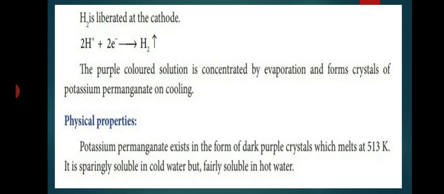For chemical oxidation we can use chlorine, and for electrolytic oxidation we use electrodes, and transfer of electrons leads to liberation of electrons at the anode and hydrogen at the cathode, and we get purple colored permanganate solution. So these are the steps.